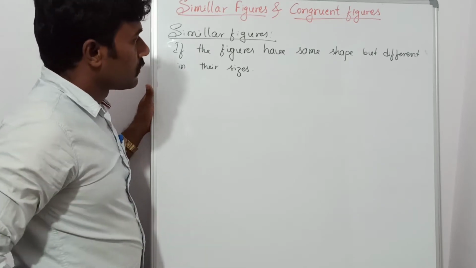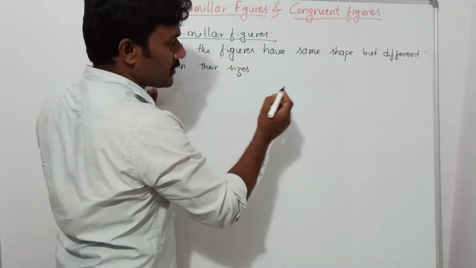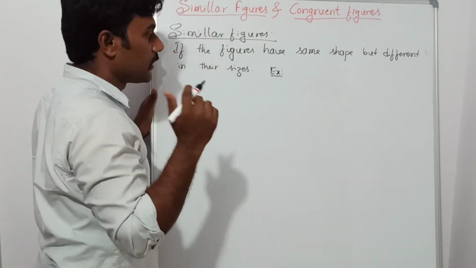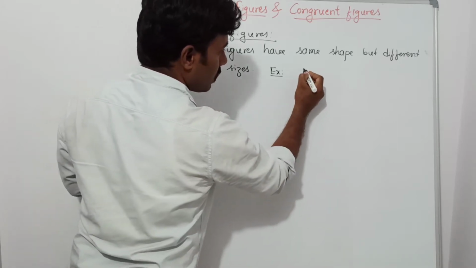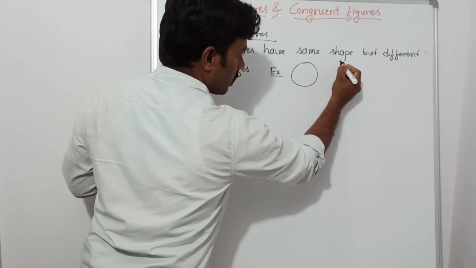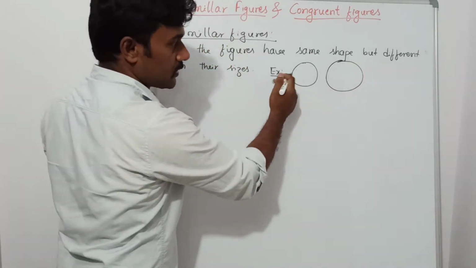Example, all the circles. You can draw many circles with different radii. You can observe this is a small circle. If you increase the radius of the circle, this is quite bigger than this.